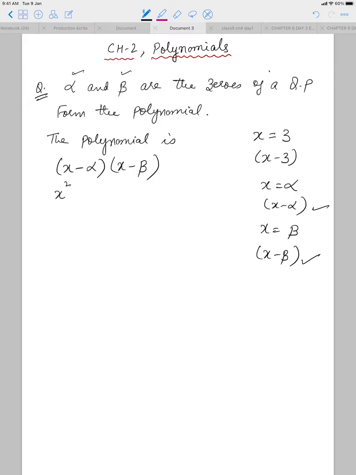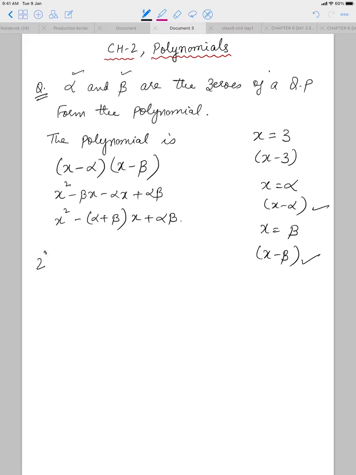And when I open out the bracket, I will get x square minus beta x minus alpha x plus alpha beta, or taking the common terms together, x square minus alpha plus beta into x plus alpha into beta. This is one way of forming a polynomial when the zeros are given to us.